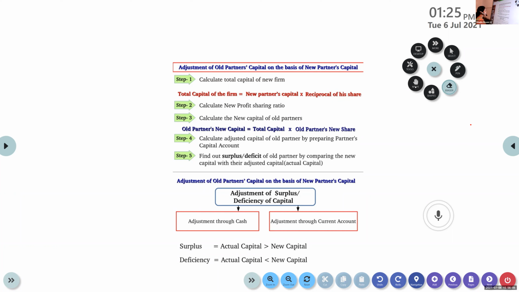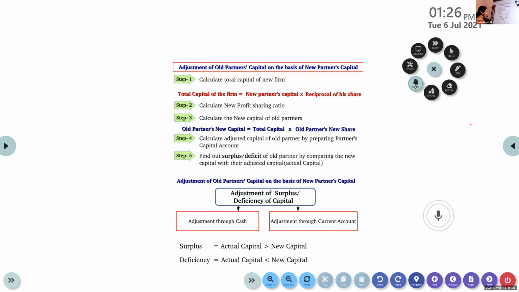Now the fourth step, calculate adjusted capital of old partner by preparing partner's capital account. We'll find out the adjusted capital. When we do that, we get whether the surplus or deficit of old partner.